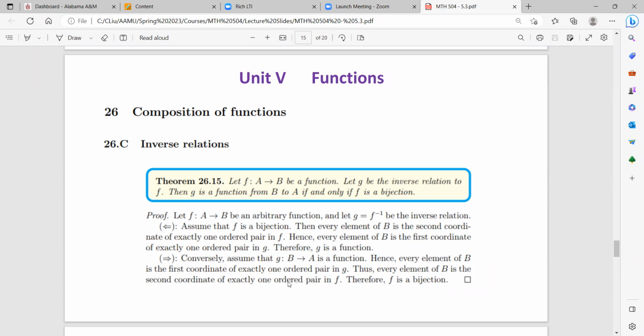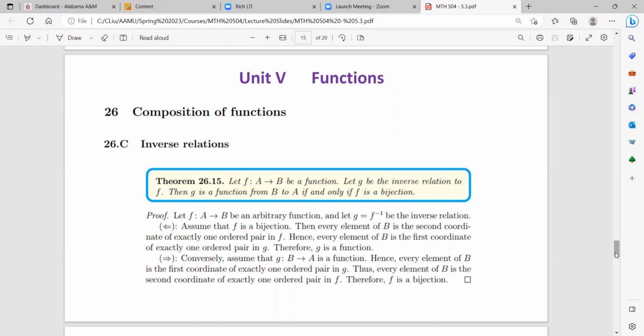It cannot be multiple ordered pairs in f. So then f is a bijection, right? That's the definition: every element of B is the second coordinate of exactly one ordered pair in f.